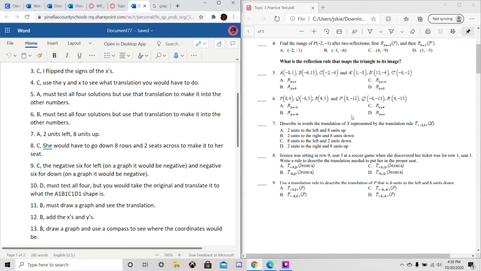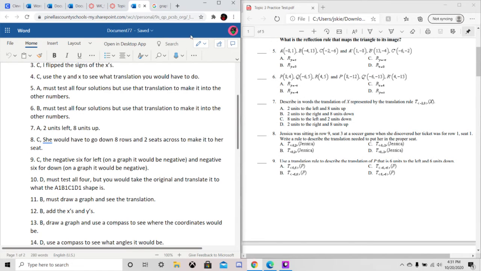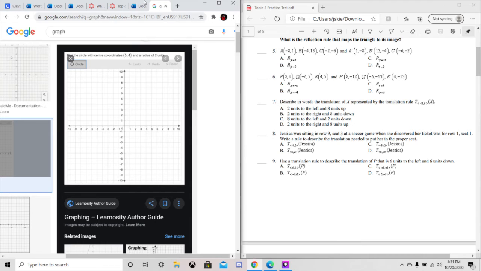So you would find the right answer, which is C. 9 minus 8 is 1, so that's row 1, and you'd minus 2 from 3, so 3 minus 2 is 1. So that's how you get that answer, but if you want to be all complicated, you can figure it out on a graph.